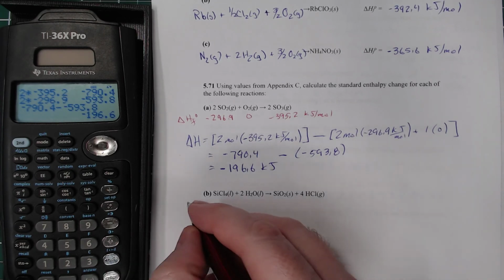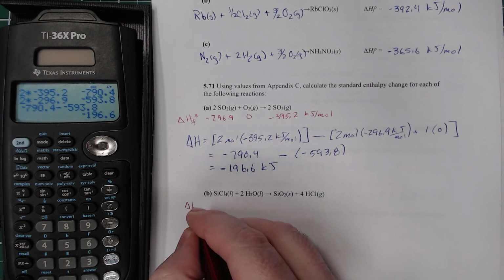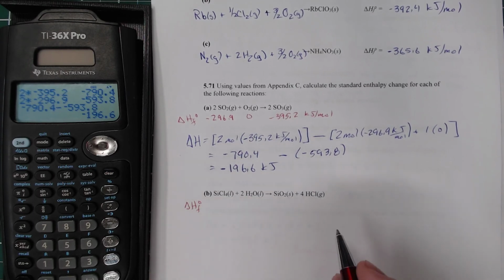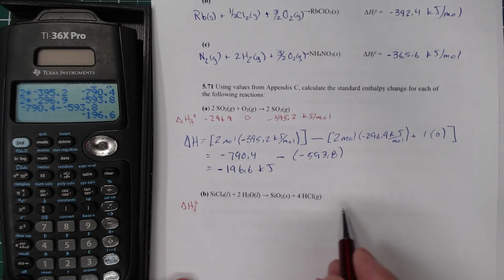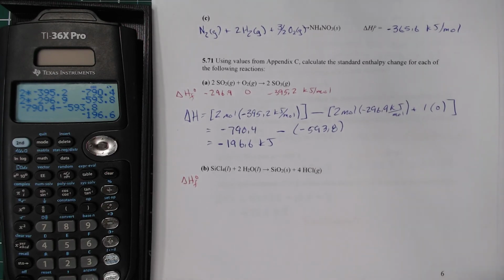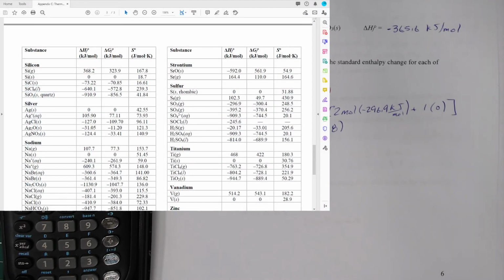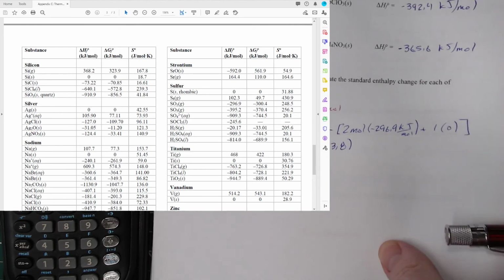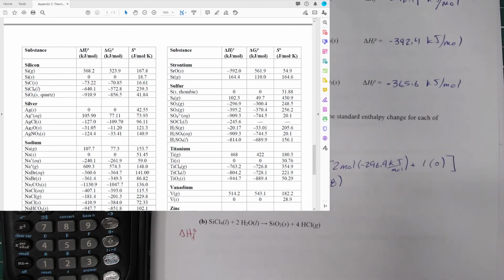All right, so we need to look up the delta H of formation for these other things. You'll see that none of these are elements in their elemental forms. So we're going to need to look those up individually. And so I'm going to do this vertical split screen here so I can just write these down as we find them, and you'll be able to see me do it.